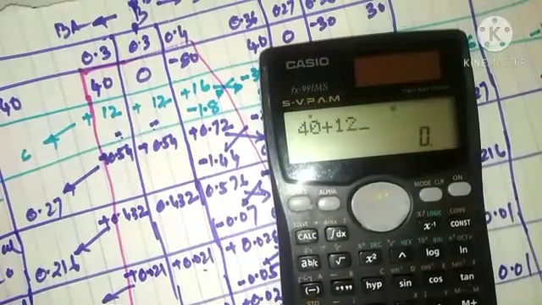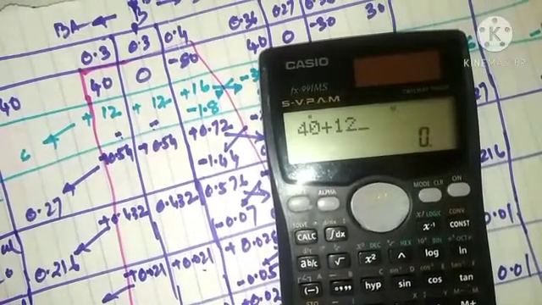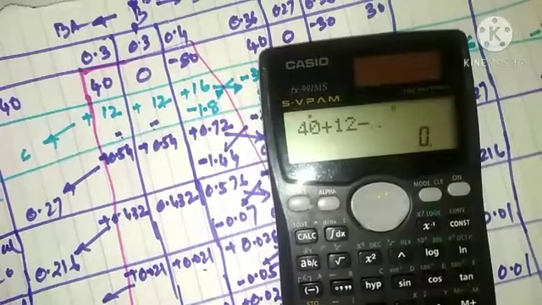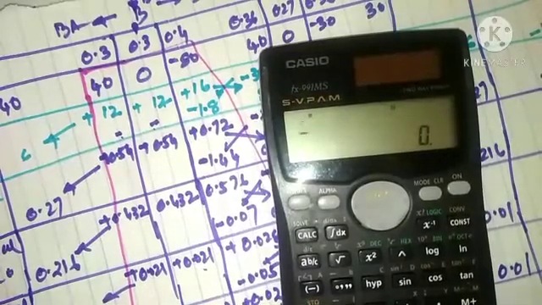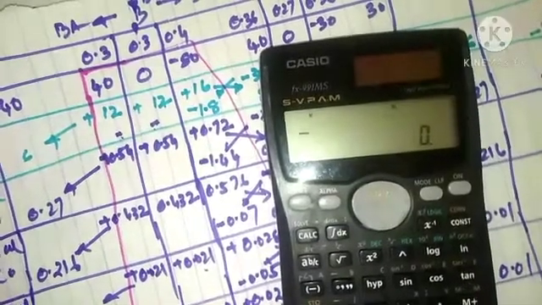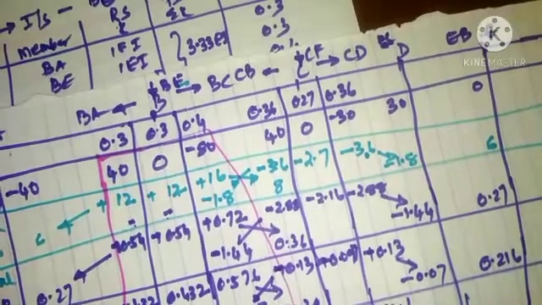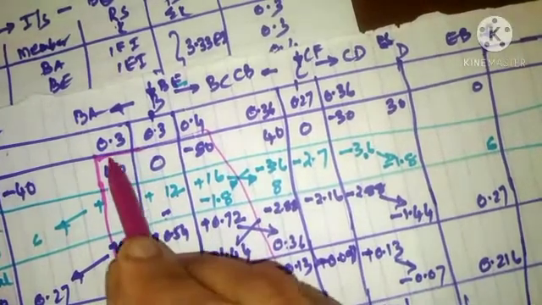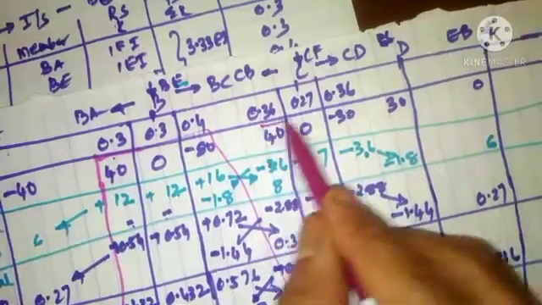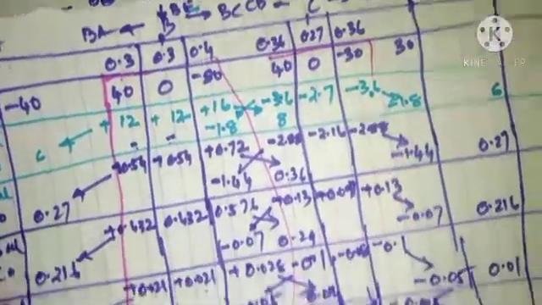40 plus 12 minus 40. All this particular calculation will be done with respect to the fixed end moment. Similarly, all the calculations shall be done with respect to the fixed end moment.